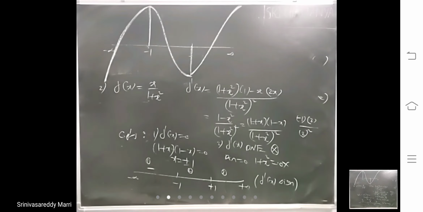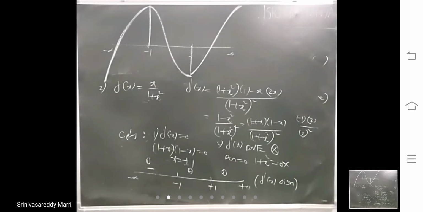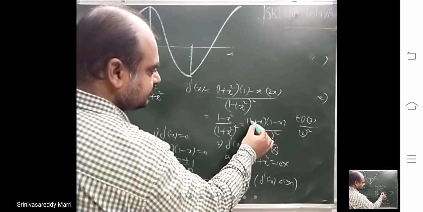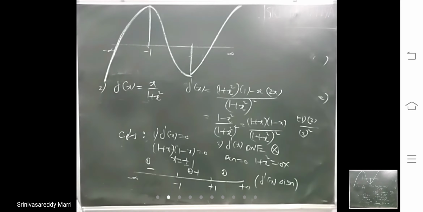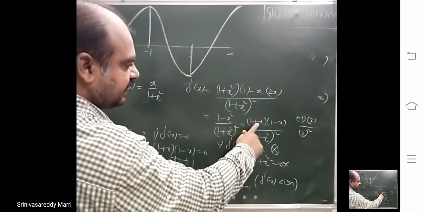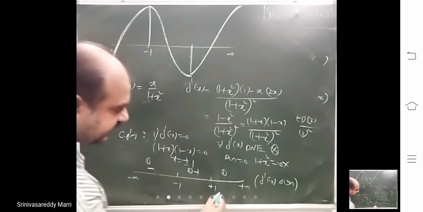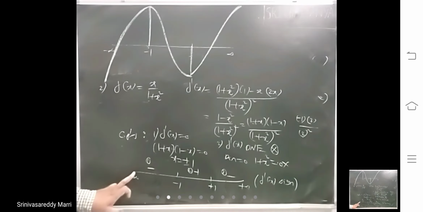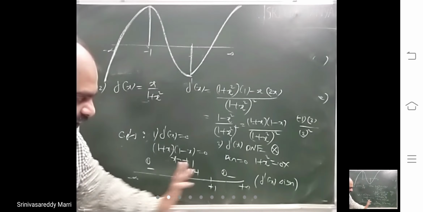In the interval minus 1 to 1, 0 is there, substitute. The numerator is positive and the denominator is positive, so you will get positive. Next, in this interval x equal to 2: 1 plus 2 into 1 minus 2 divided by a positive quantity is negative. So in the first interval negative, in the second interval positive, in the third interval negative.